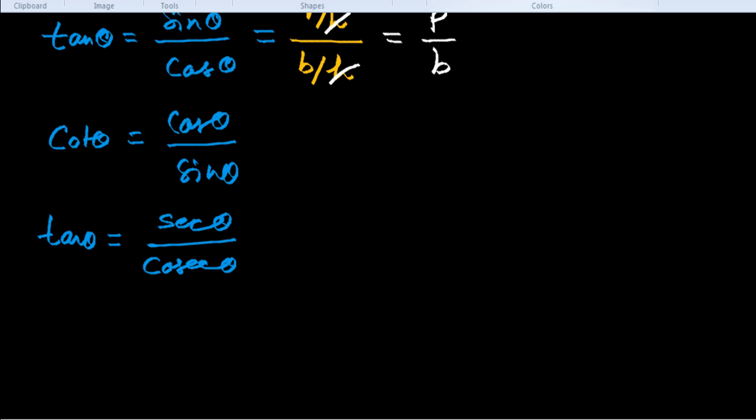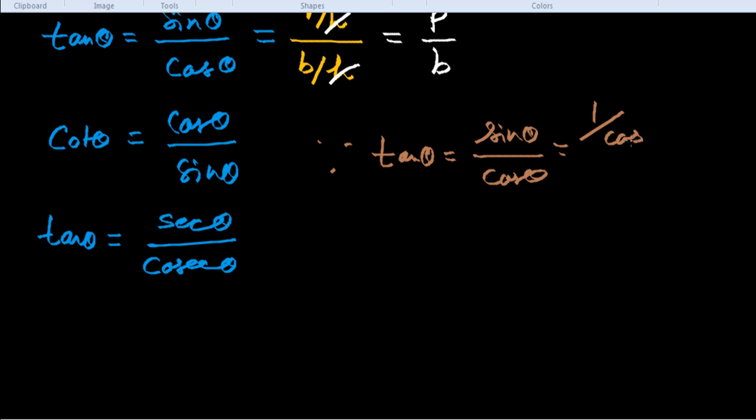because we know that tan theta is equal to sine theta over cos theta, and we know that sine theta is equal to 1 over cosec theta, and cos theta is 1 over sec theta.